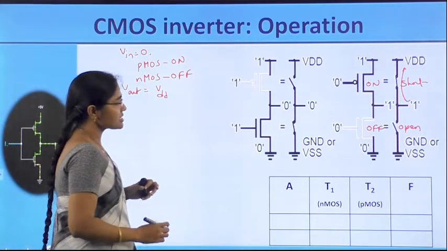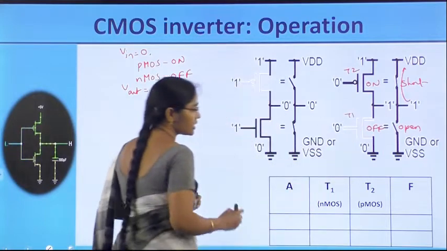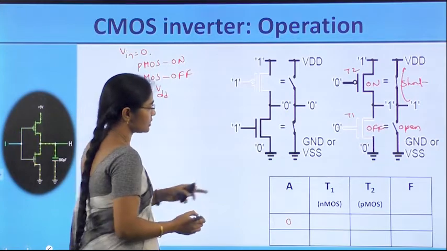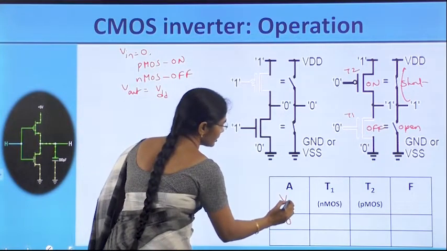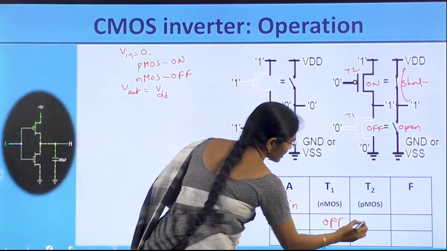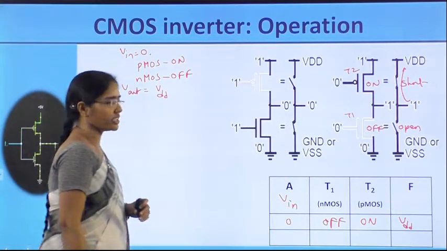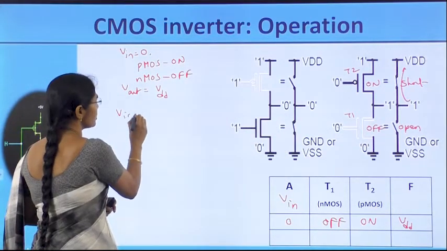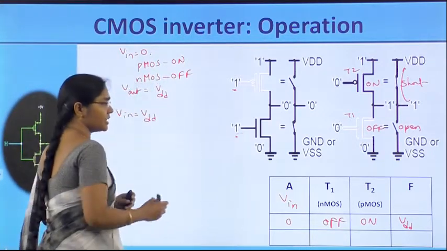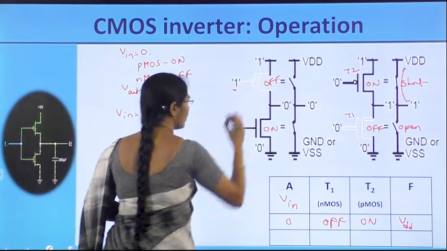Here, the PMOS transistor is represented as T2 and the NMOS transistor is represented as T1. Therefore, when the input is logic 0, represented as A, the T1 NMOS transistor is off and the PMOS transistor is on, and the output is equal to VDD. Then, when Vin is equal to VDD, that is logic high, the NMOS transistor is on and the PMOS transistor is off.